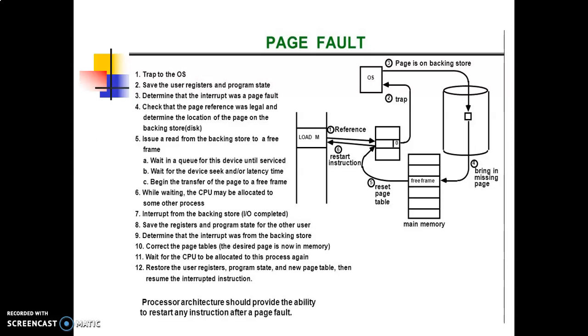And when a page fault occurs, what will happen after the page fault occurs? The execution of the current program is suspended until the required page is brought into the main memory. And this is basically called the page fault condition.